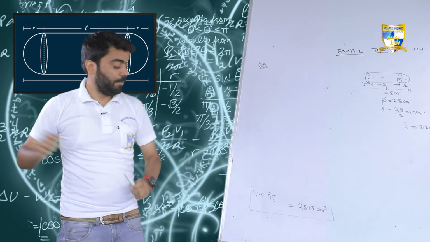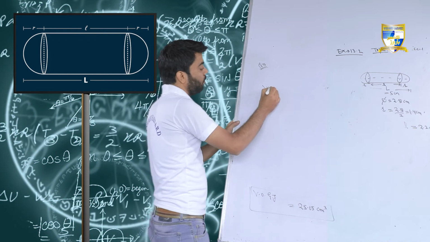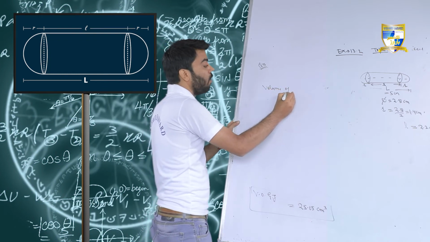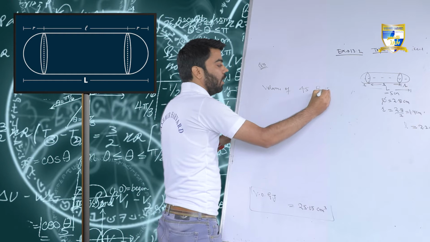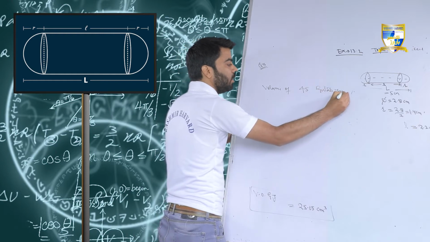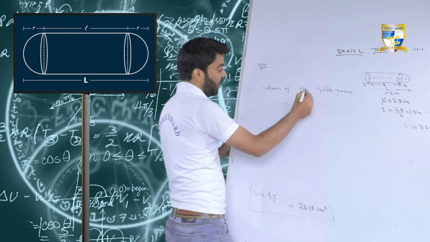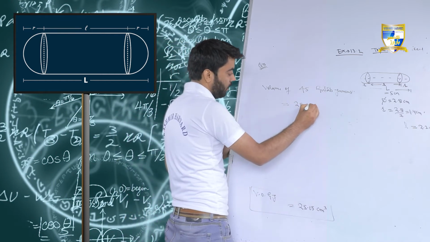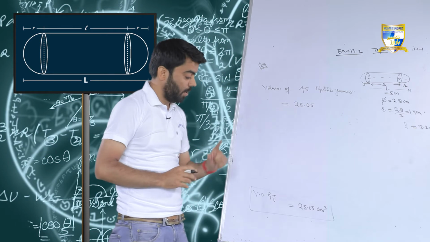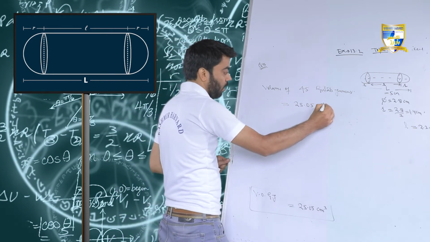So I will write here: volume of 45 gulab jamuns will be equivalent to 25.05 centimeter cube multiplied by 45.